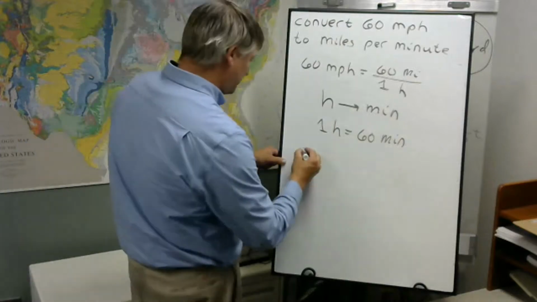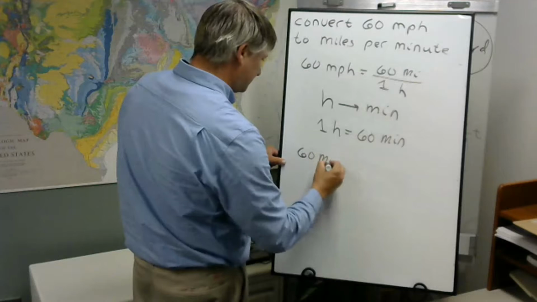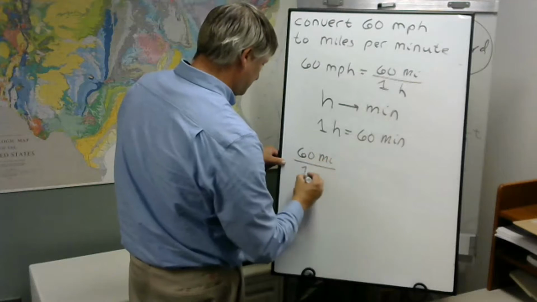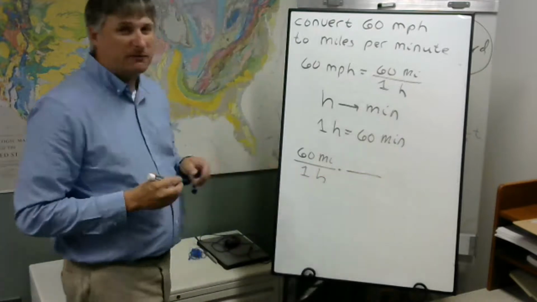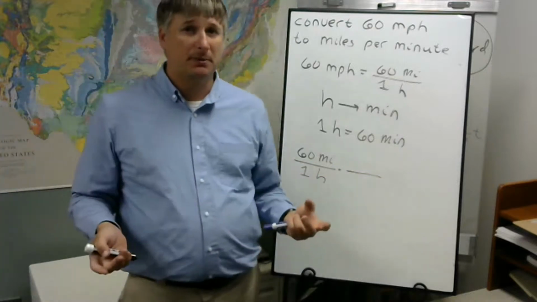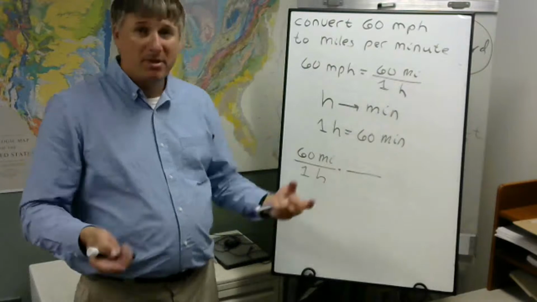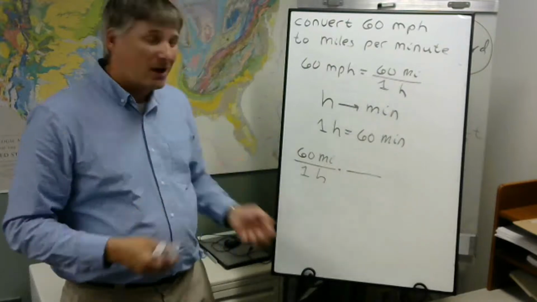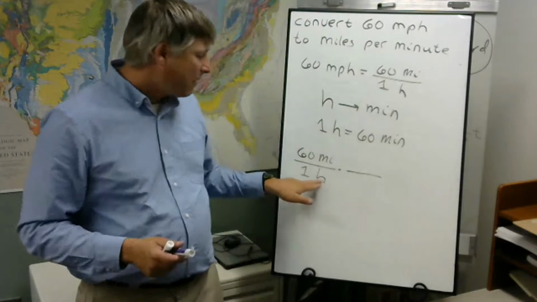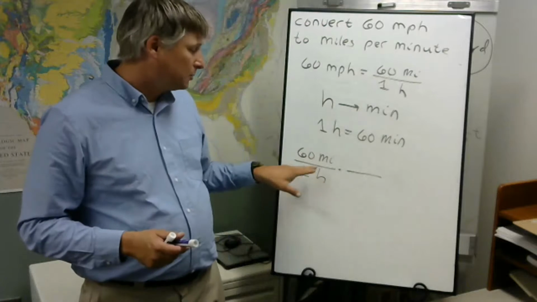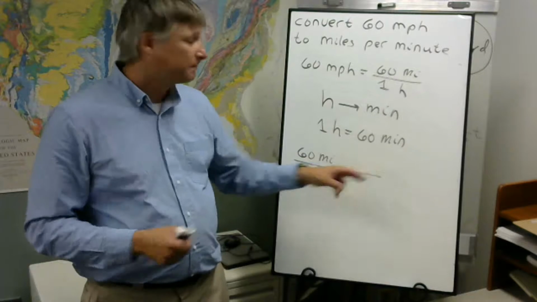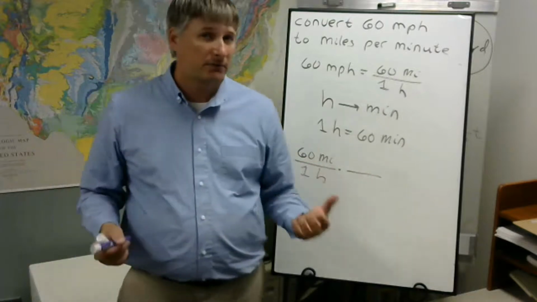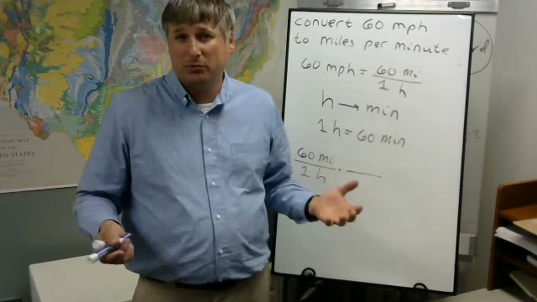So we'll start out with our 60 miles per hour. And we want to convert the hours. We want the hours to disappear, and we want minutes to replace it. Now, in this case, the hours is in the bottom. So this will only disappear if hours is in the top over here. So that means when we do our conversion ratio, again, we have 2 to choose from.